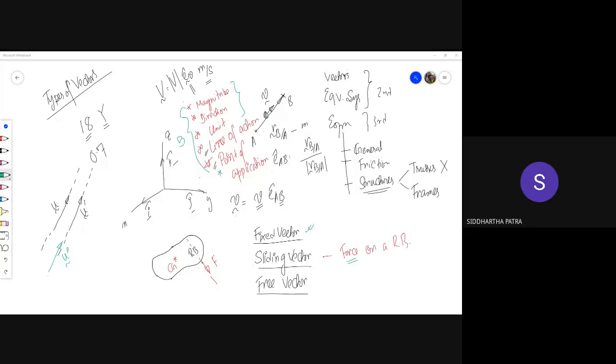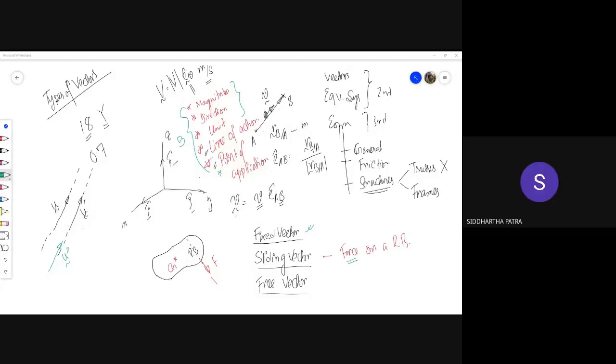That is the definition of a sliding vector, that it can slide along its line of action, and it doesn't have a fixed point of application. It can be shown for a force on a rigid body that its exact point of application doesn't matter.